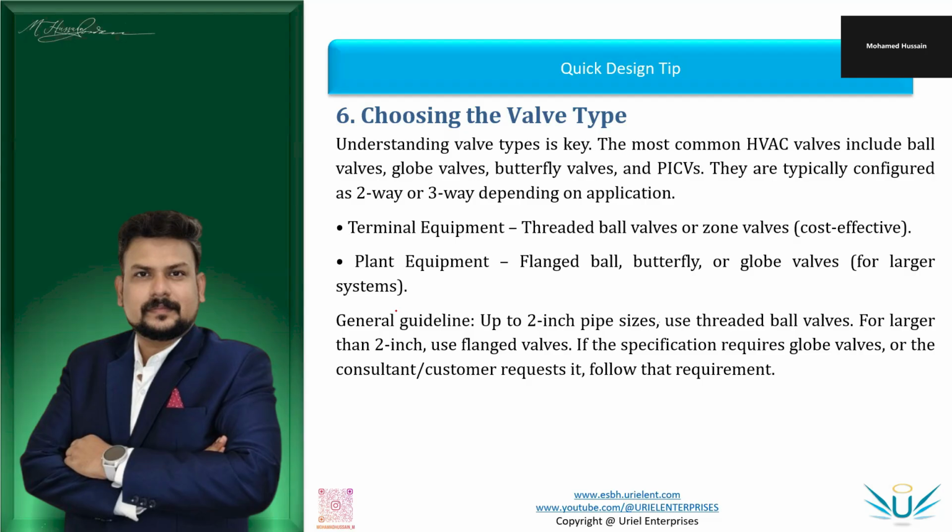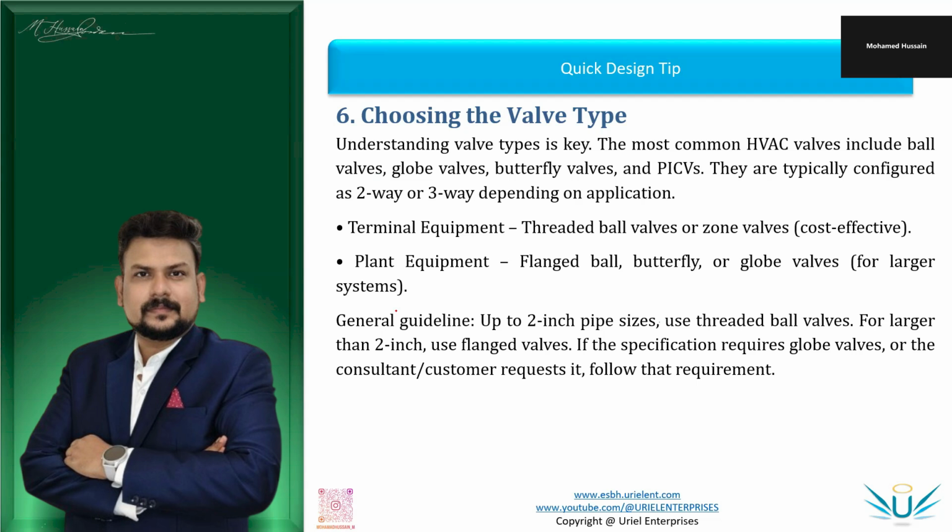Why? If they ask, the terminal equipment pipe size will be 2-inch maximum. Not much water flow happens in the cooling coil. Maximum 2-inch, so we can go with a small valve size. It will give precise control and is budget friendly also. If in the AHU system we install a globe valve, the budget will be huge.